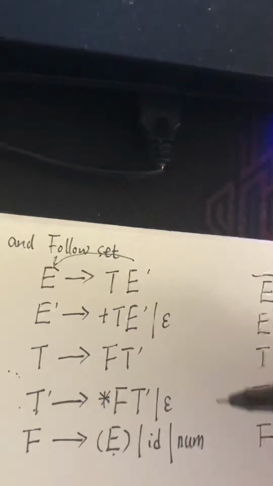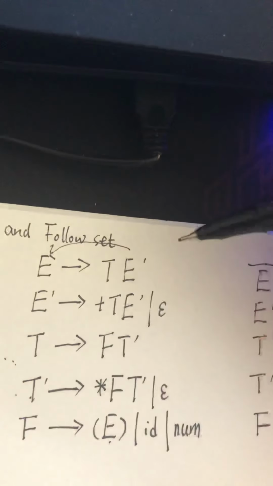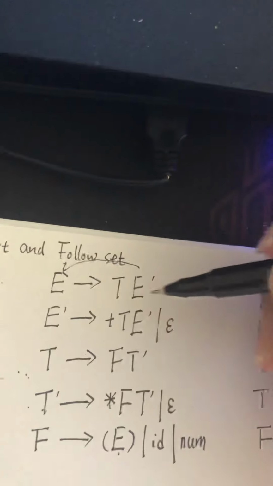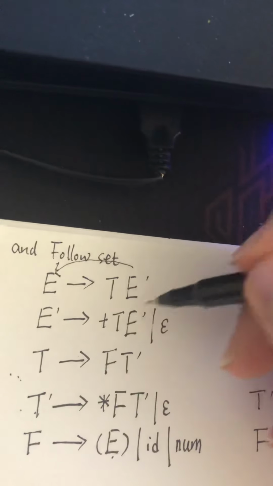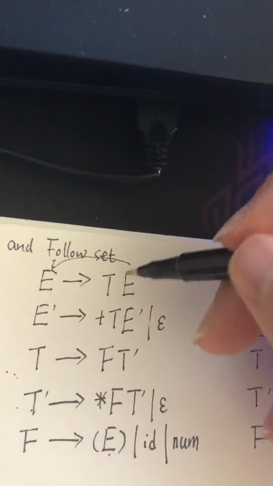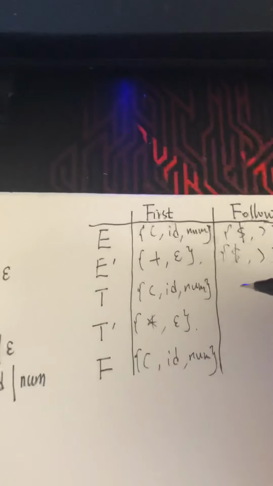Now we need to check the follow of T. On the right side, there is one T and a second T. Check the first T. After T is E prime. So follow of T is equal to first of E prime. What is first of E prime?